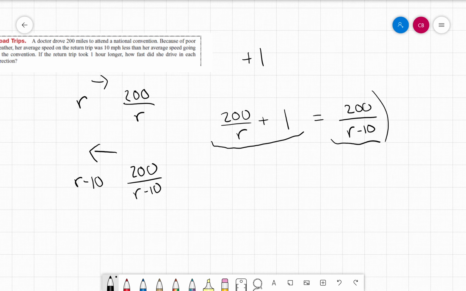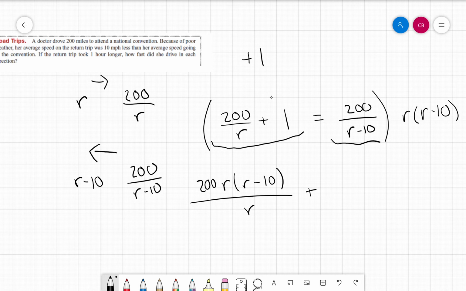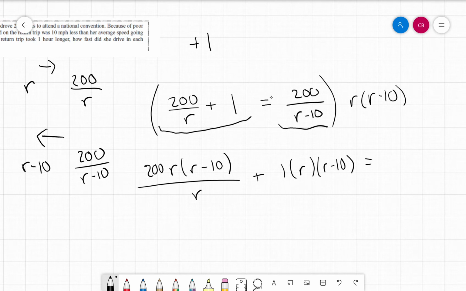So just like before, we're going to multiply everything by r times r minus 10. We get 200 over r, times r times r minus 10, plus 1 times r times r minus 10, is equal to 200 over r minus 10 times r times r minus 10.